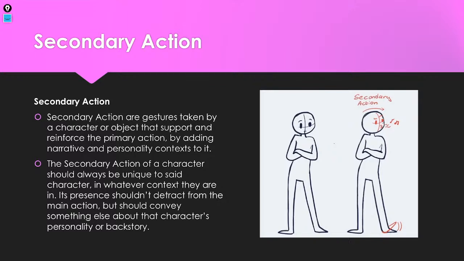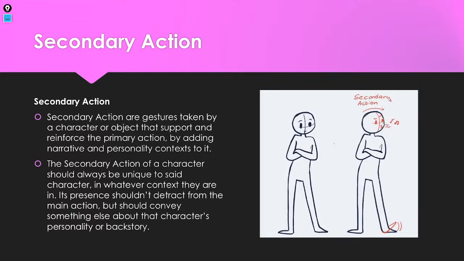Secondary action of a character should be unique to the character, as in it should be something that they would do. It would never be something that they wouldn't do. And again, it shouldn't detract from the main action, but should help convey something else about the character. This is the key of secondary action.